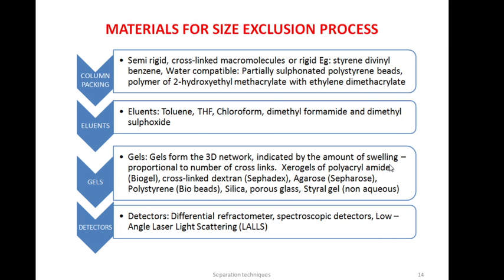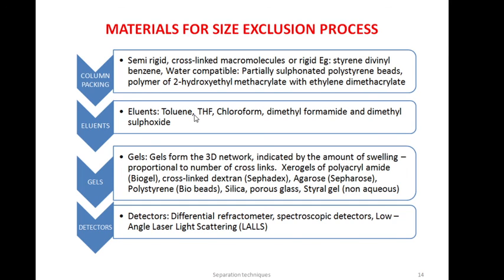So when it swells, it can allow the material which you want to separate to go through the pores, or else it will retard the particular compound from entering the pore. So you need this swelling. Okay. So gels of polyacrylamide, cross-linked dextran, agarose, polystyrene, silica, porous bead, styragel, all these are possible.